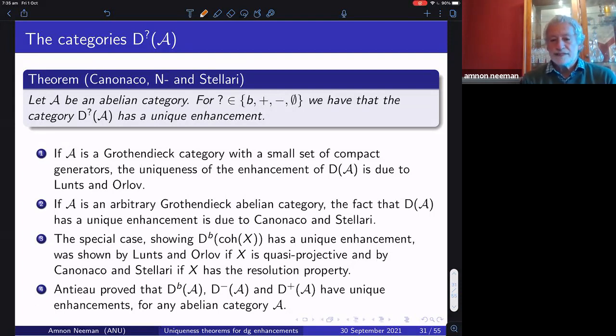He proved that for any abelian category A, no hypothesis at all, the bounded below and bounded above derived categories have unique enhancements. So somehow what we can do, which isn't in Antieau's paper, is we can prove that the unbounded derived category has a unique enhancement unconditionally. So for any A.